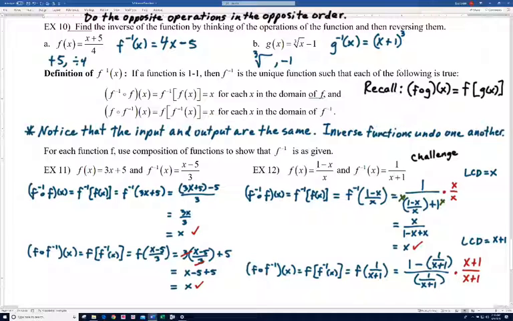When you multiply the 1 times x plus 1, of course that's x plus 1. And then when you multiply the x plus 1 times 1 over (x plus 1), you're going to get just the 1. But notice the minus in front, it'll be minus 1. In the denominator, the x plus 1's cancel and you just get 1. Notice this is going to equal x. And that's the end of the video.